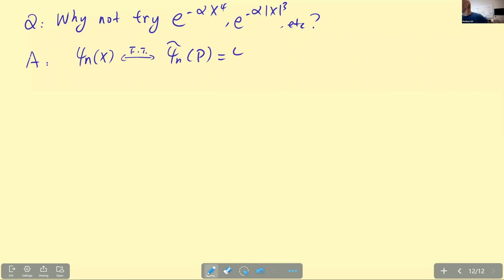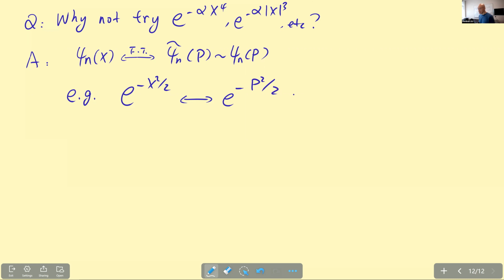That one actually equals, or at least is proportional to, ψ(p), right? So they have the same form, okay? The example of this one is, of course, e to the minus x squared over 2, which will give you e to the minus p squared over 2, right? So this is something that we have known, okay?